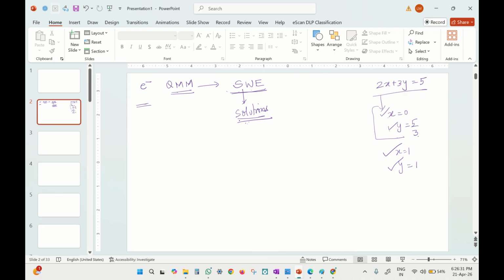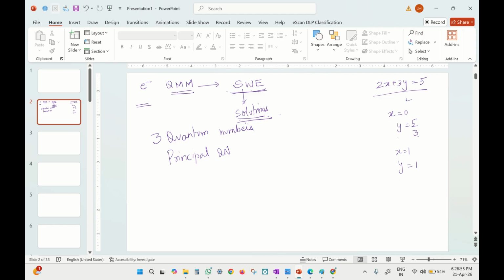Likewise, the solutions of the Schrodinger wave equation are described with the help of three quantum numbers, namely the principal quantum number, like x and y. How do you describe? There are infinite solutions.